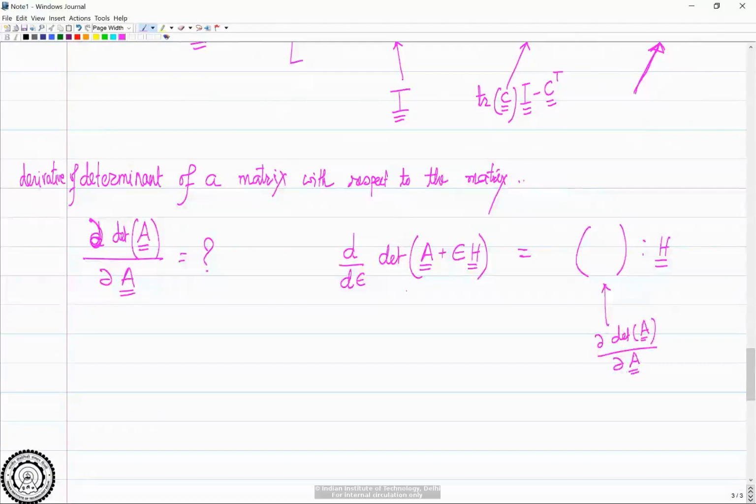So the first step is to get this one, no? So how do I do this? Okay, so it's of course a trick.